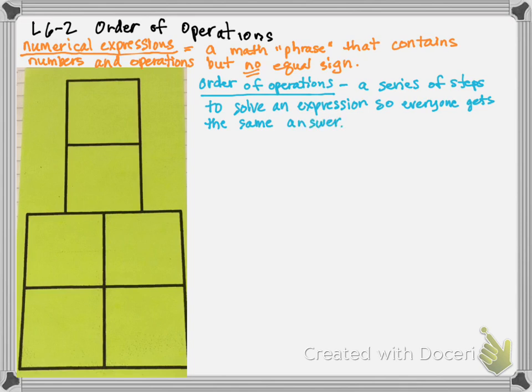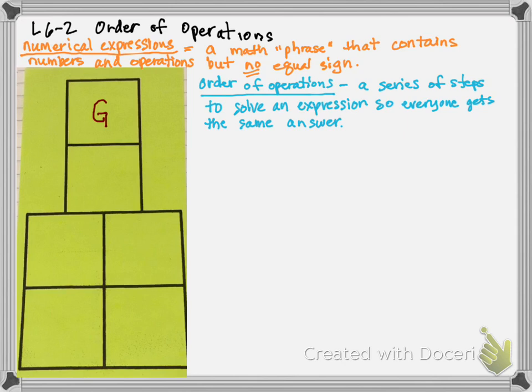Okay? So what I'm going to do is take this order of operations and I'm going to change the first letter, and I'm going to use the letter G. Okay? Now, what I'm going to do is I'm going to fill out all these letters, and we're going to go back and write down what they stand for.